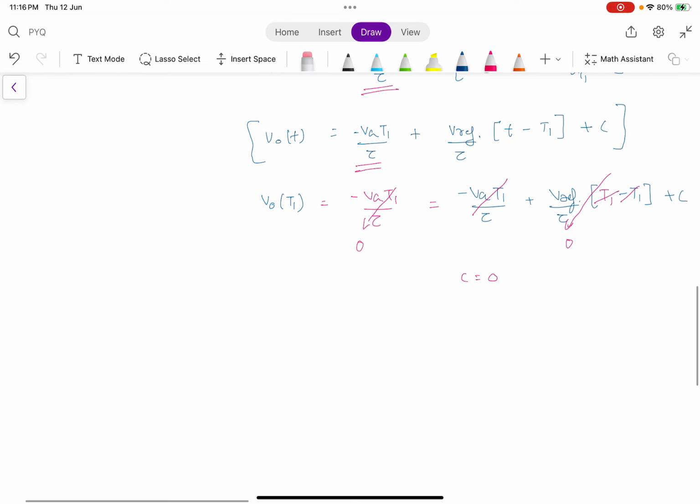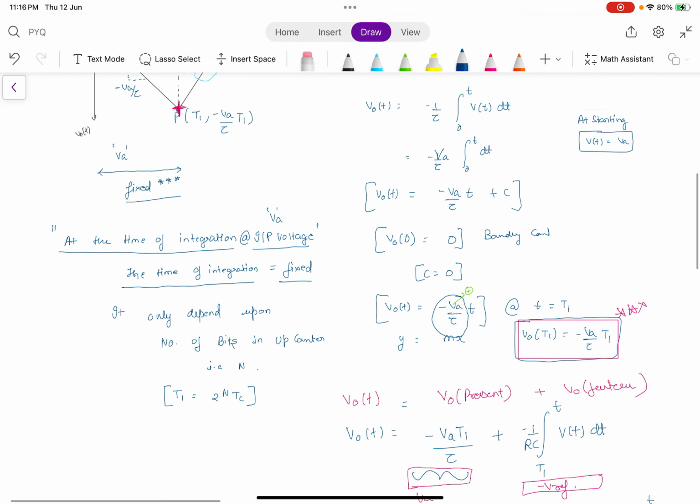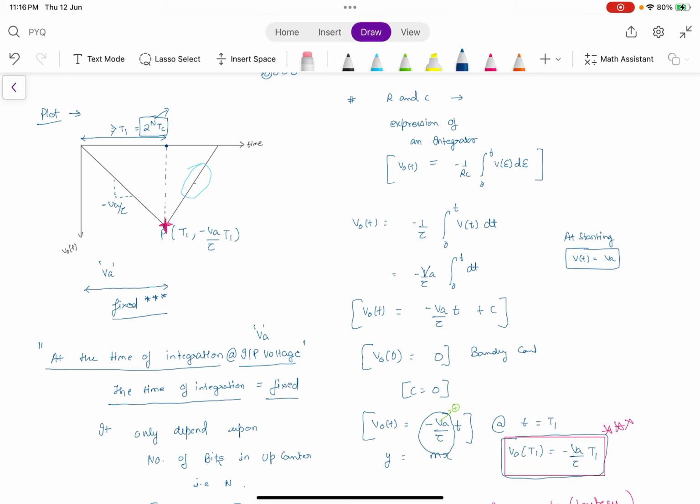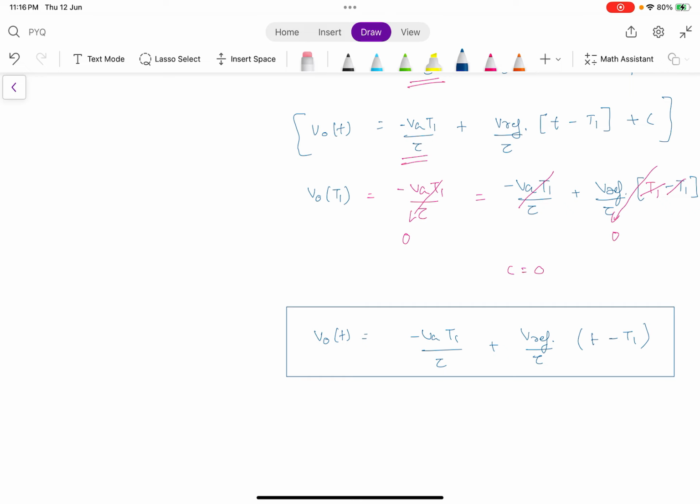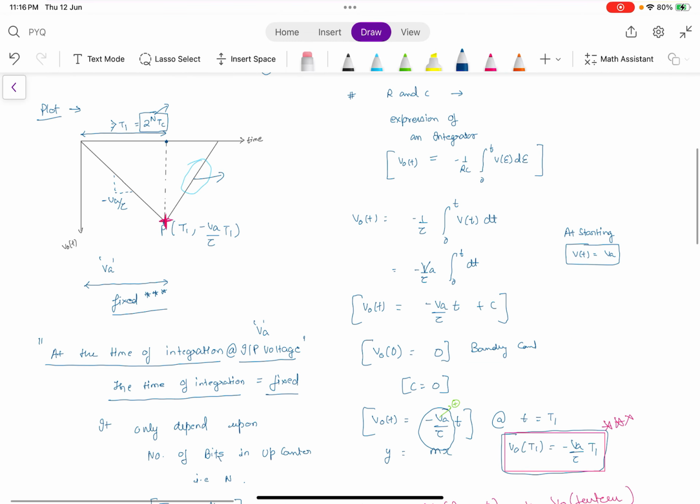So your final expression for the next part is V reference over tau times (T minus T1). This is your equation for this part. This straight line says that your slope is V reference over tau.